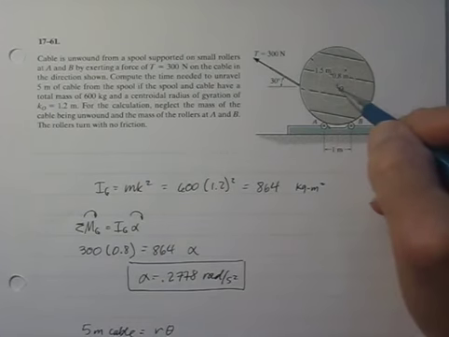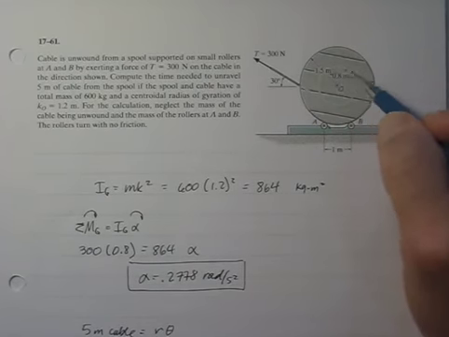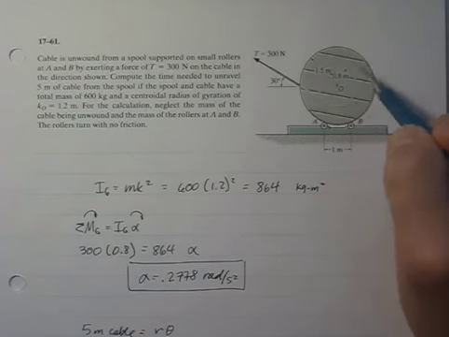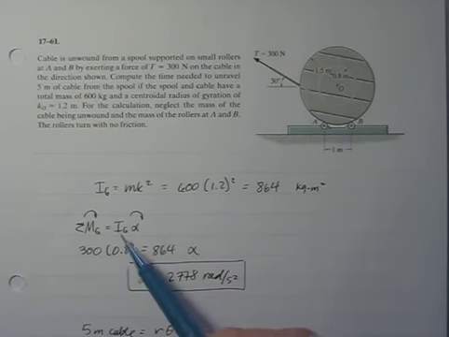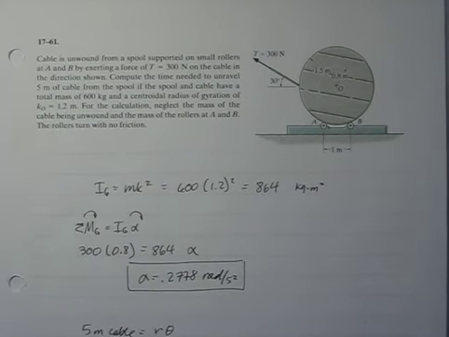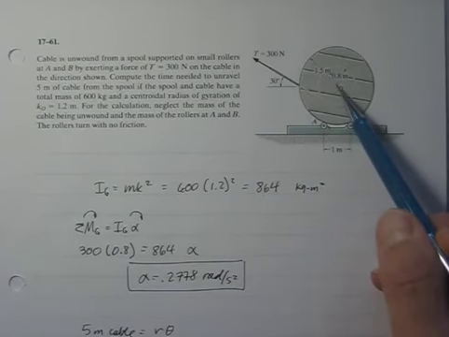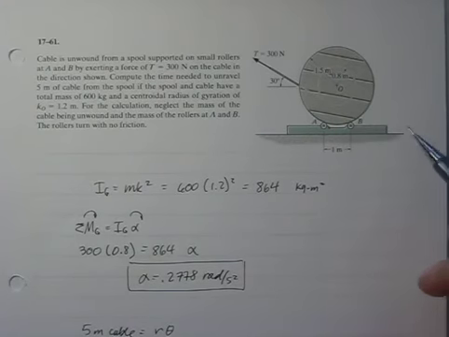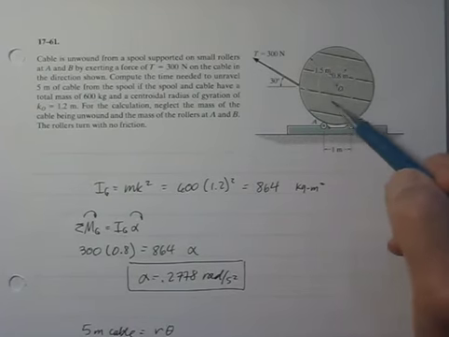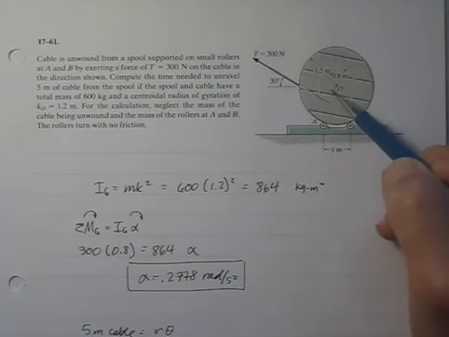Again, the alpha is just found from the moment being equal to Ig alpha. Now here's where some trick, or not tricks really, it's just recognition of what's going on. What is the moment about the center G, or center of gravity, about O? It's very important to understand that the moment is going to be this tangential force times the radius.